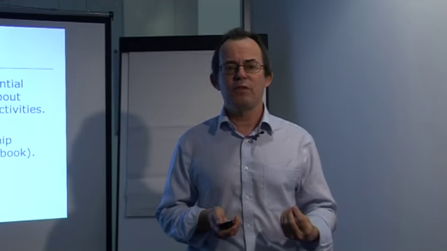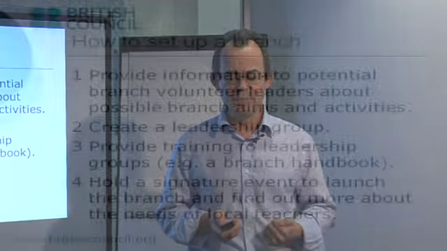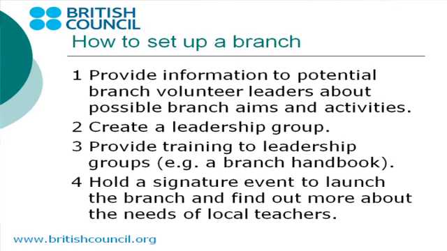And one of the ways that this can be facilitated is through providing those people with a branch handbook. The fourth thing is to hold a signature event to launch the branch and find out more about the needs of local teachers.